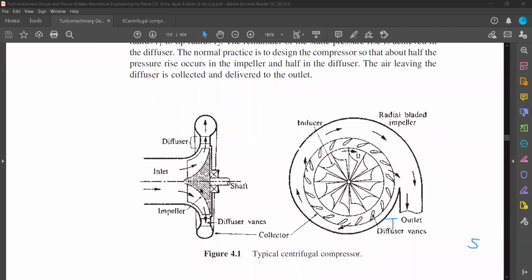This is a TS chart. So we can see that the temperature is not going to change if we have so many intercoolers. But this is going to take a lot of time, because we need to pass it into a compressor, then intercooler, then compressor, then intercooler, then compressor. So it is not a realistic process.